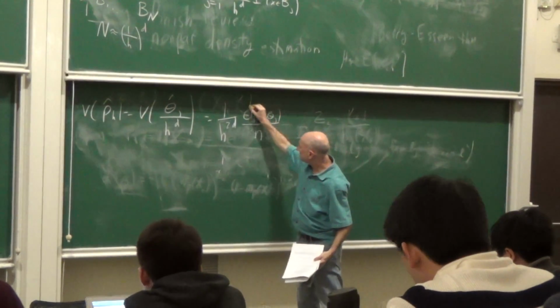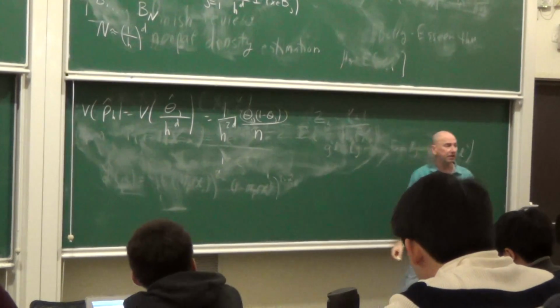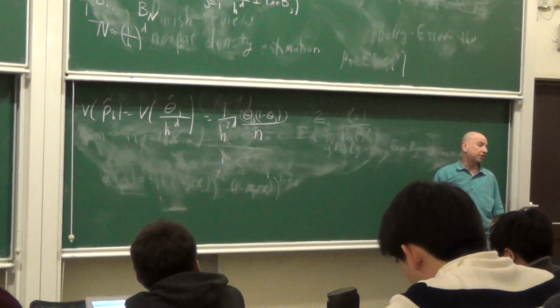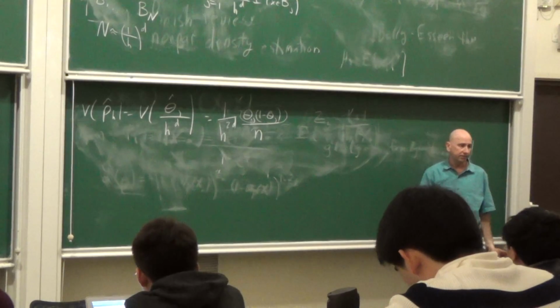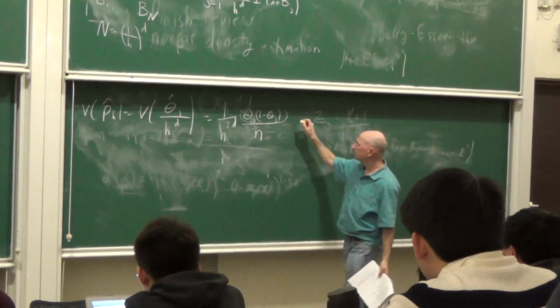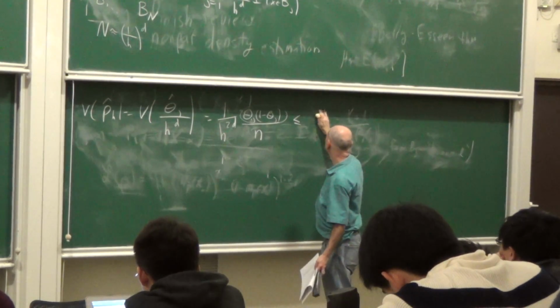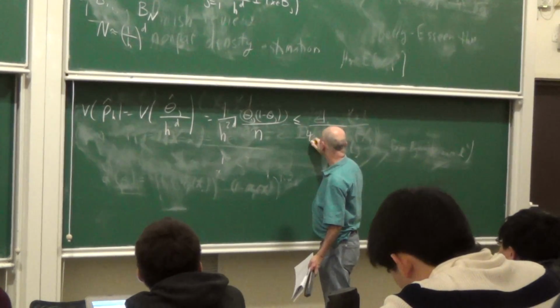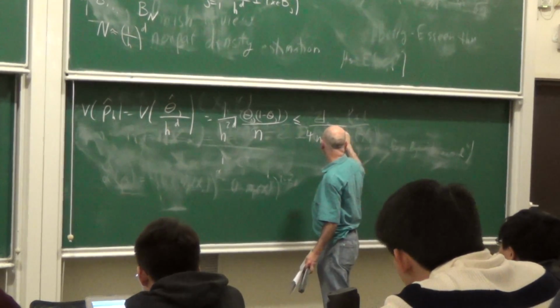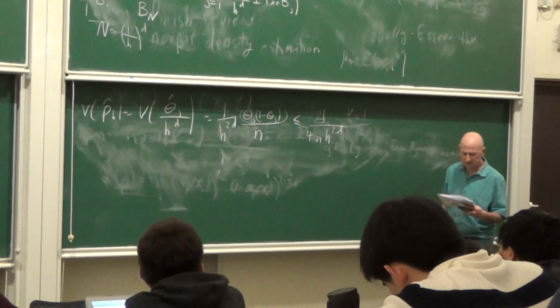And what is theta times 1 minus theta? That's at most a quarter, right? So that's 1 over 4 n h to the d. I just called it a constant c.